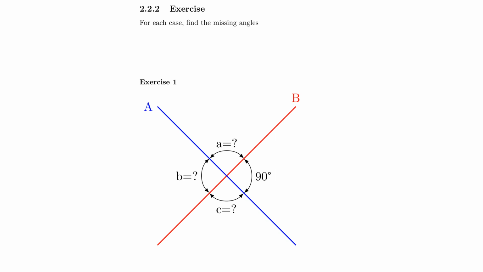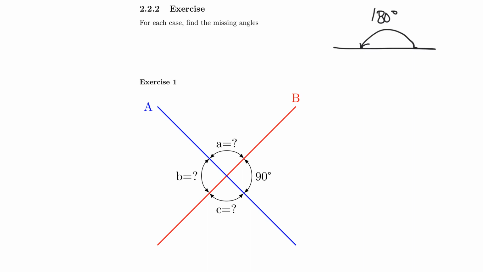Okay, so you remember from the previous lecture that we said that the angle in a line is 180 degrees, right? So we can see here, we have line A and line B. We have this angle being 90, so we can easily calculate what angle A is, so this entire angle ends up being 180 degrees.